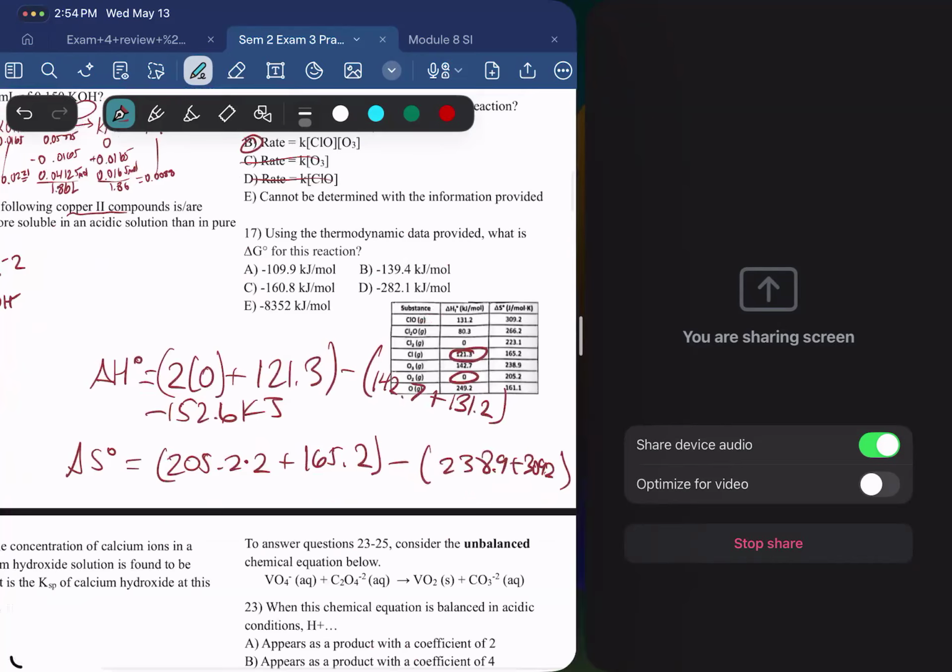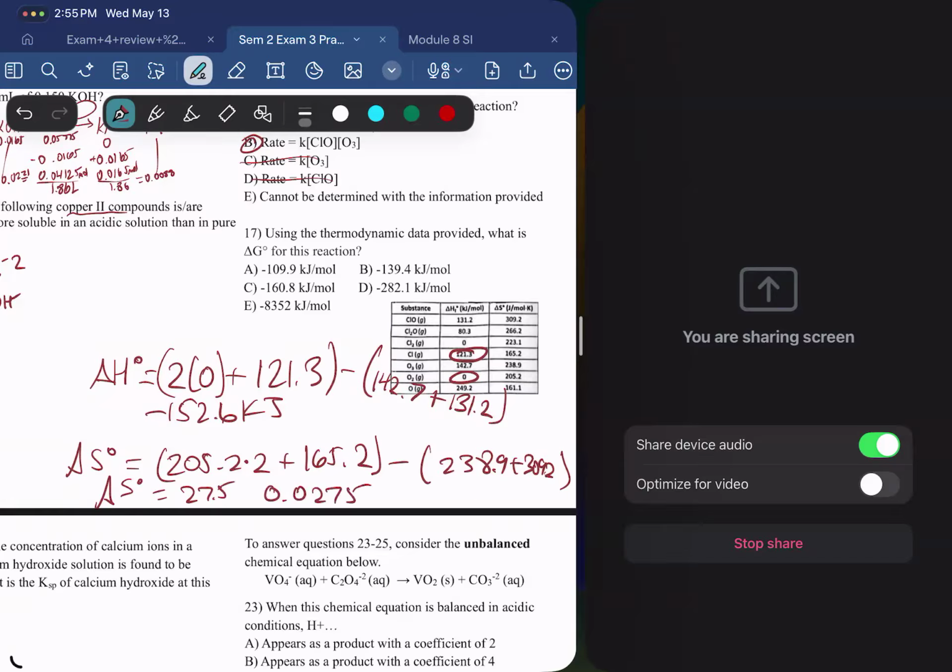So let's figure this out. So 205.2 times 2 plus 165.2, okay, minus 238.9 plus 309.2. And so I got a delta S value of 27.5.